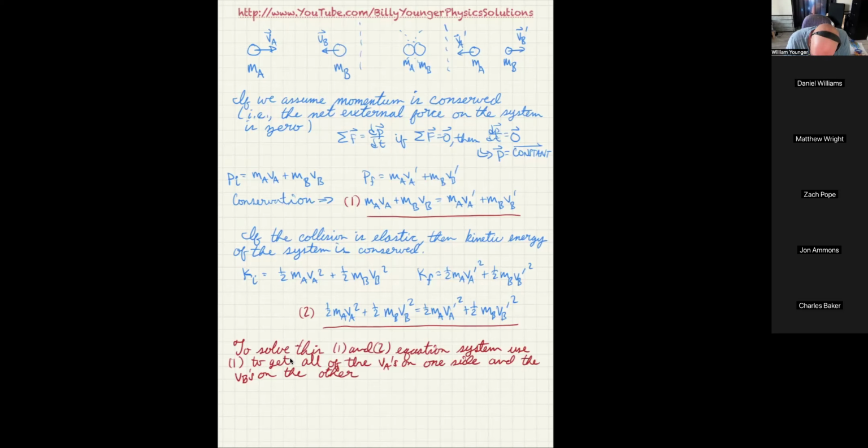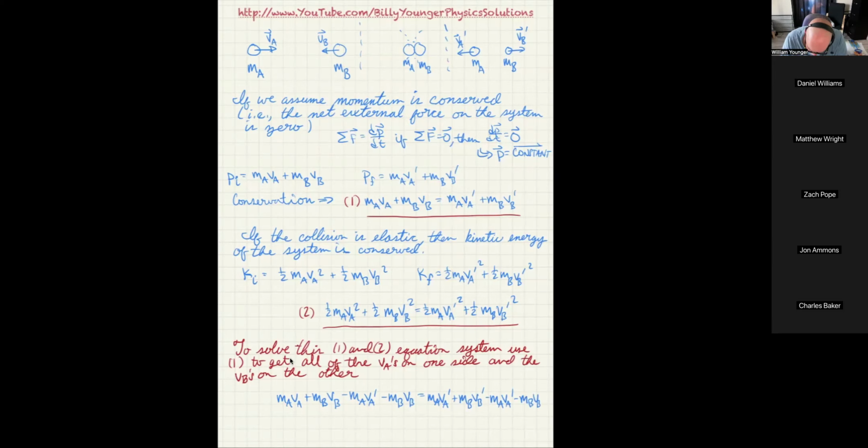So I'll say MA VA plus MB VB minus MA VA prime minus MB VB is equal to, now the other side was originally MA VA prime plus MB VB prime, but I just subtracted MA VA prime from both sides, and I just subtracted MB VB from both sides. Or excuse me, not VB prime, just plain VB.